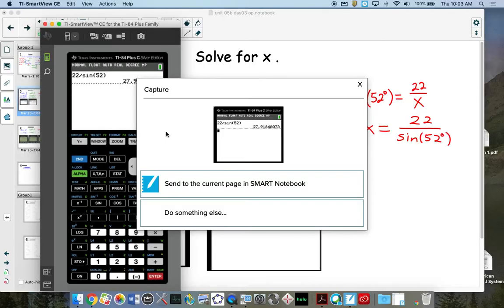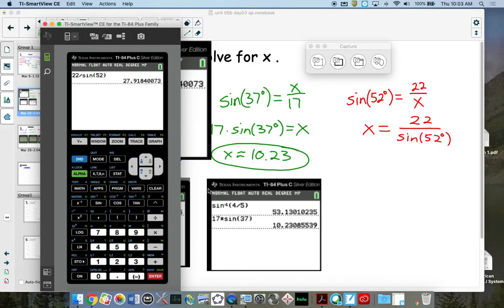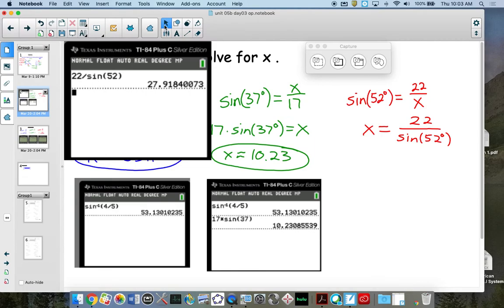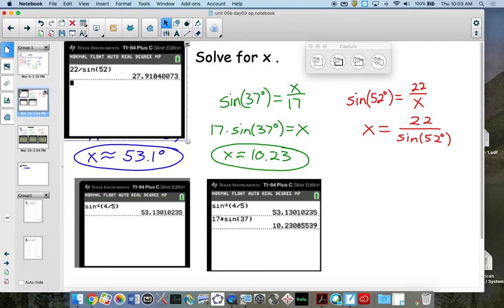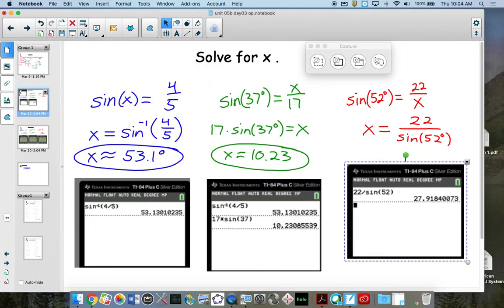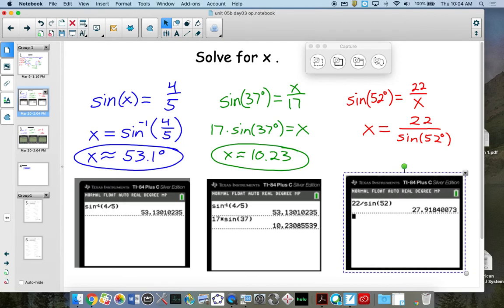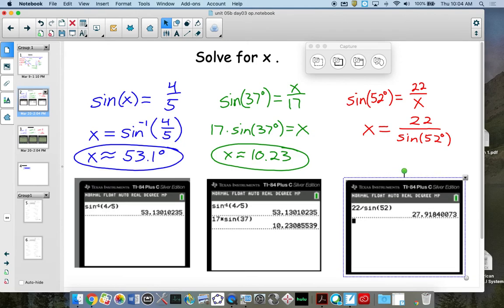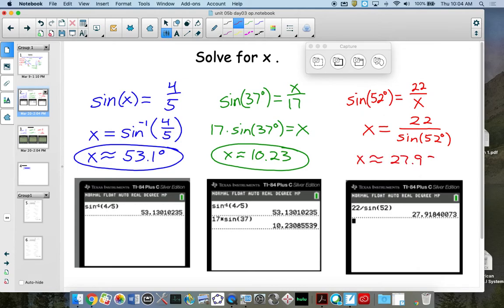Save that. Back to there. So we get about 27.92. And once again, that's going to be the length of the side, so we don't put degrees on that.